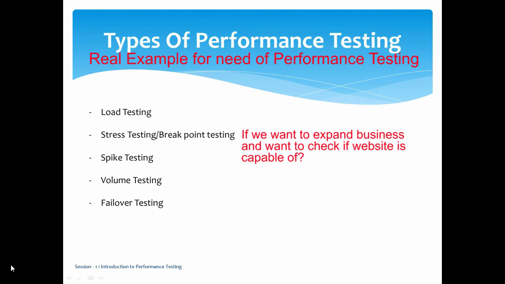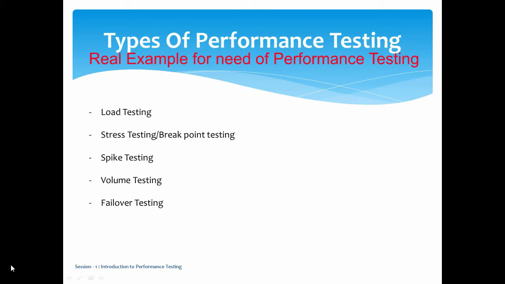What we found from the stress testing, or breakpoint testing, is that our application is breaking beyond 1,000 users. So if we want to support 2,000 users, adding another 10 servers is sufficient to handle the expected increased load, right? That's what stress testing or breakpoint testing is about.